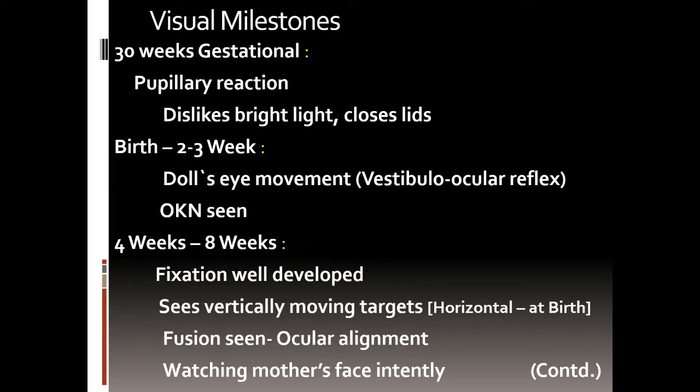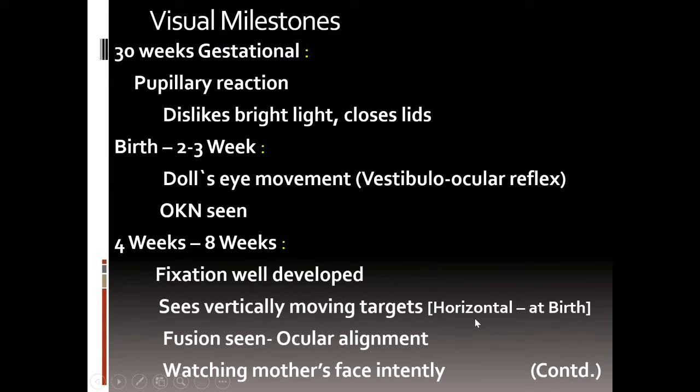At 2 weeks, you can have doll's eye movement. At 4 to 8 weeks, remember this is very important, you can see that the baby can follow vertically moving targets. A lot of times residents and students call up about their own kids, when they become proud fathers or mothers, saying my child is not seeing vertically.